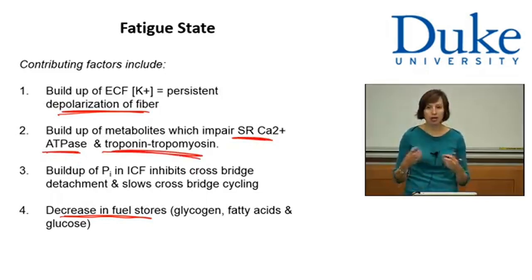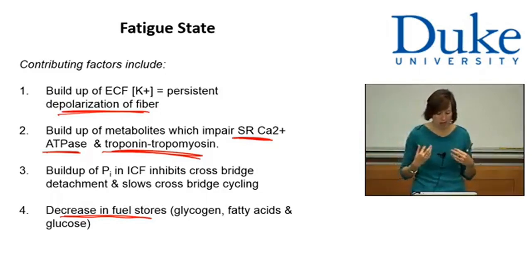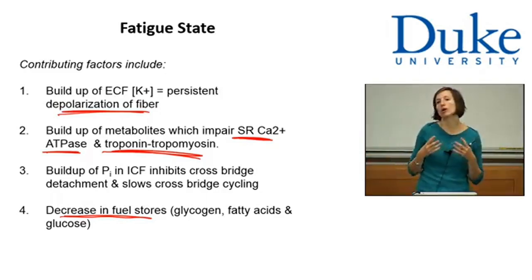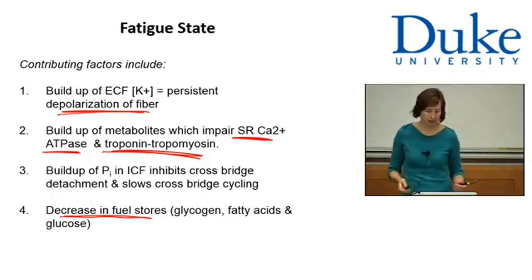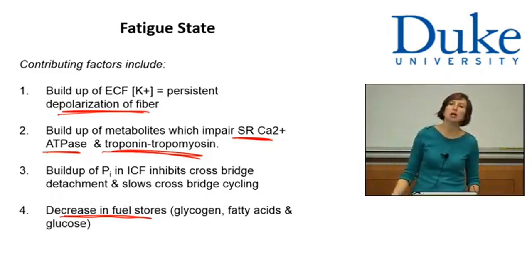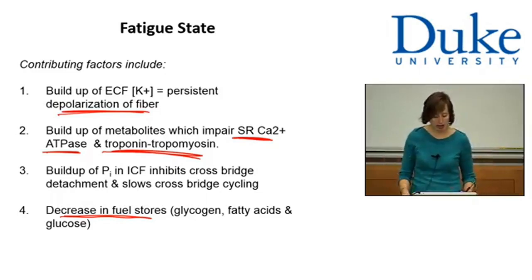And so if you impair those systems, then either you can't relax the muscle as quickly because your ATPase isn't as efficient at moving calcium back into the sarcoplasmic reticulum, or if the troponin and tropomyosin system get less responsive to calcium, that will also prevent the muscle from quickly starting to contract.